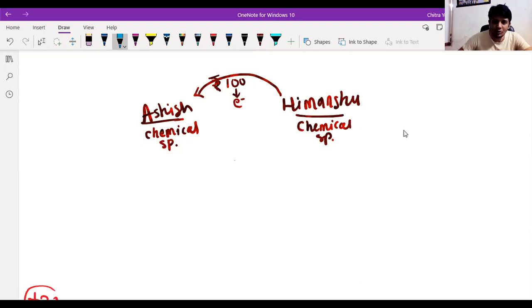Chemical species that lose electrons are called oxidation reactions, where electrons are lost. So here Himanshu is losing electron, or money, means Himanshu is getting oxidized. So here I am writing oxidation.